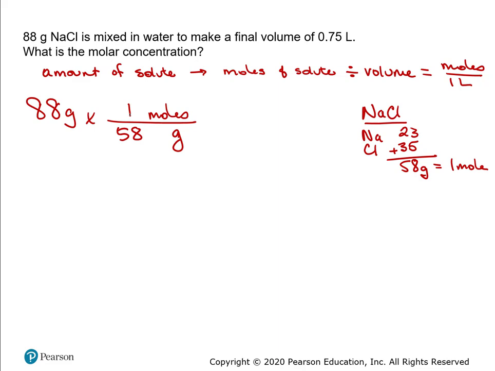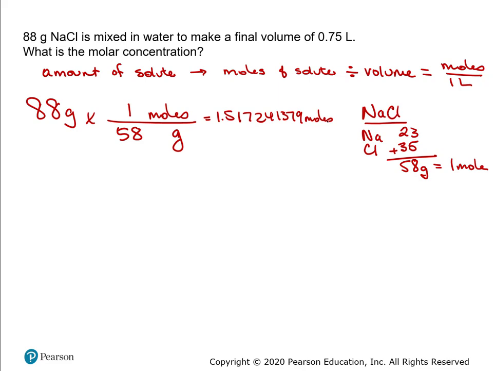88 divided by 58. You get all these numbers. 1.517241379 moles. Like that's everything on the calculator.